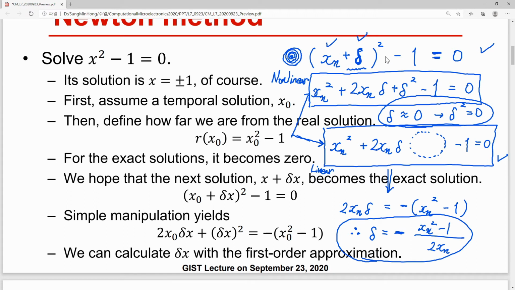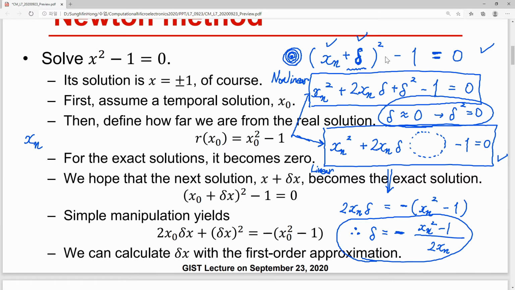When you insert this delta into your equation, there is no guarantee that you actually satisfy the equation, because you have already introduced a linearization approximation. But although that is not a perfect way to find the solution, maybe this corrected version can be better than the uncorrected version.